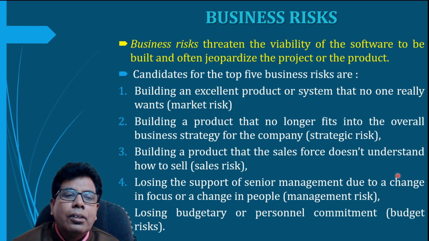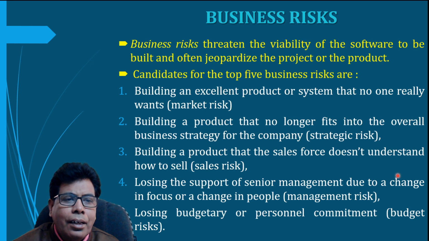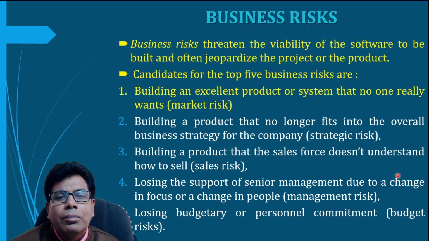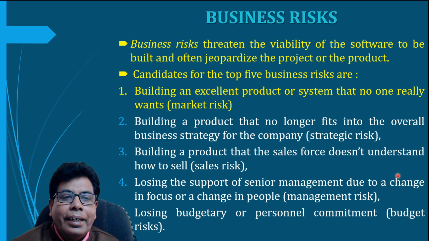So the five business risks are: first, building an excellent product or system that no one really wants, so that is a market risk. First we have to do the market survey and see the demand for the product. Otherwise you are building an excellent product, but nobody will buy it.